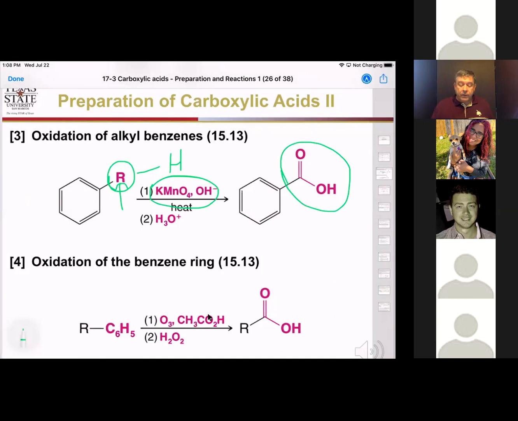However, if you have an alkyl group and you use ozone and the hydrogen peroxide, you're going to oxidize the benzene, just like we did with the alkenes and alkynes. It's oxidizing the benzene to give us our alkyl group with the carboxylic acid on it. So when making carboxylic acids out of benzene derivatives, if you want to keep the benzene, you want to use permanganate. If you want to lose the benzene, you want to use ozone.